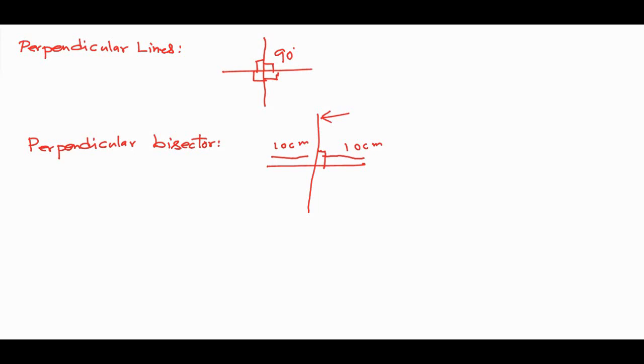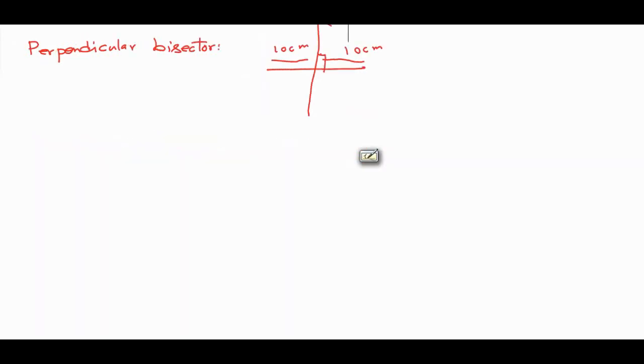The next thing is complementary angle and supplementary angle. Complementary angle. If the sum of two angles is 90 degrees, then we can say those are complementary angles. So this is 90 degrees and here is some angle.